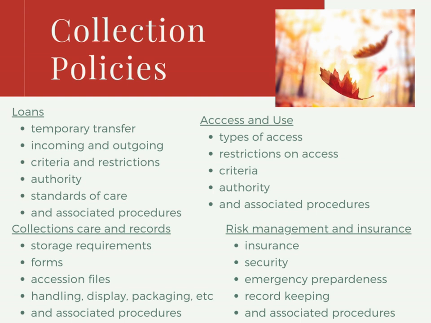The risk management and insurance section will include insurance information for collections, insurance for loans, security for the collection and handling repository, disaster preparedness for the collection, and who has the authority to make decisions deviating from risk management policies, along with any associated procedures.